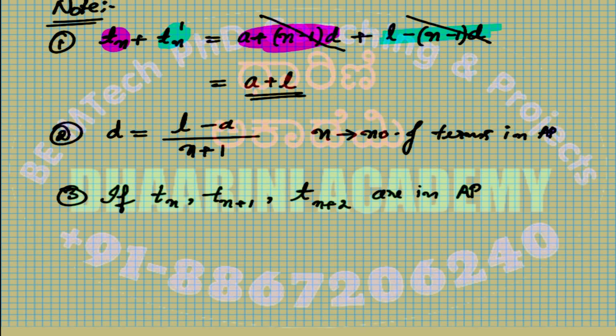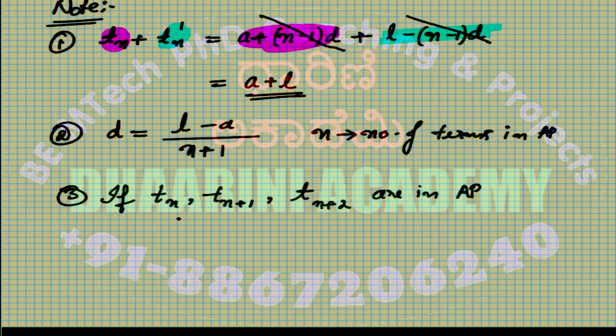So three terms are given, and let us assume that they are in AP. Then this implies that the common difference should be the same. That is, Tn plus 1 minus Tn should be equal to Tn plus 2 minus Tn plus 1, isn't it? So let me take the Tn plus 1. So what is Tn plus 1?